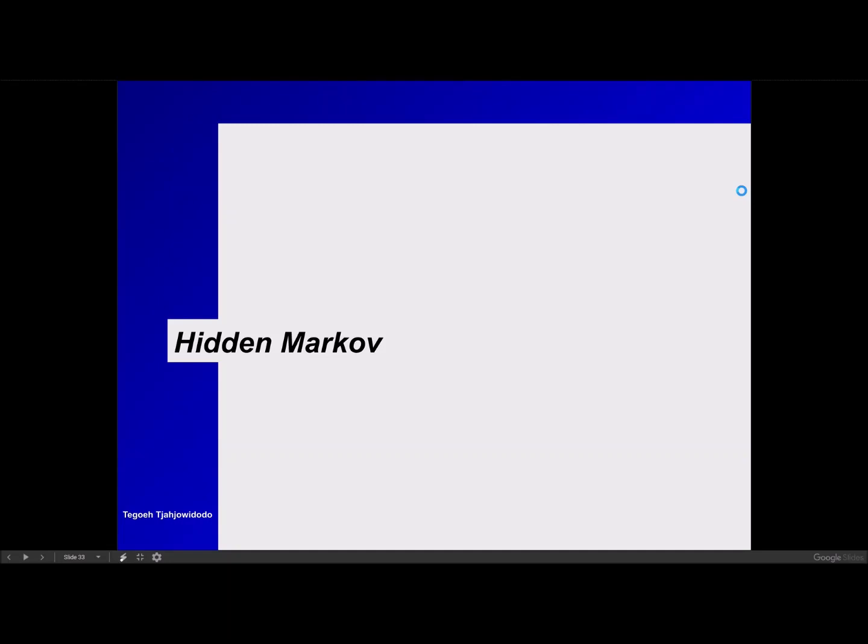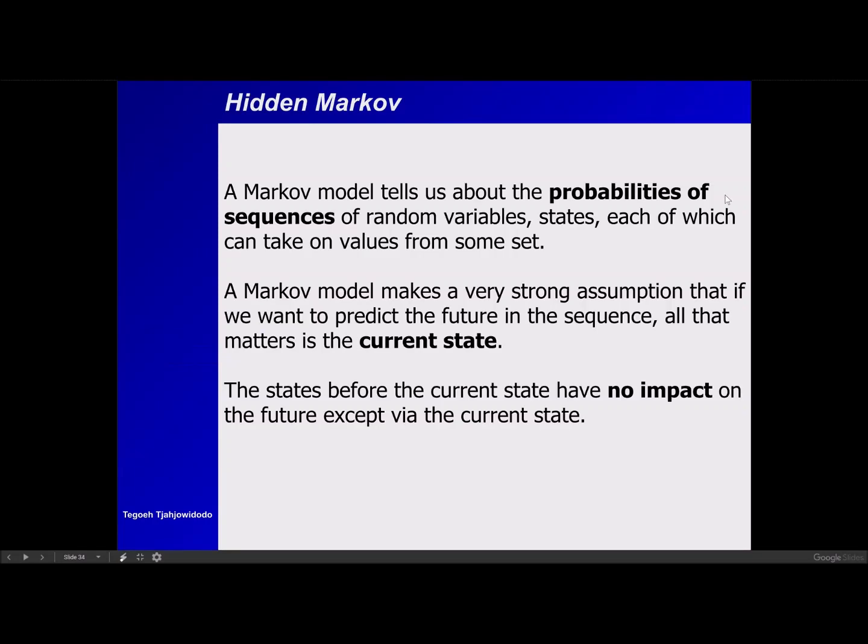Next, I will discuss with you another Bayesian-based model, which is referred to as a hidden Markov model. So, this Markov model will basically tell us the probability of a sequence of random variables.